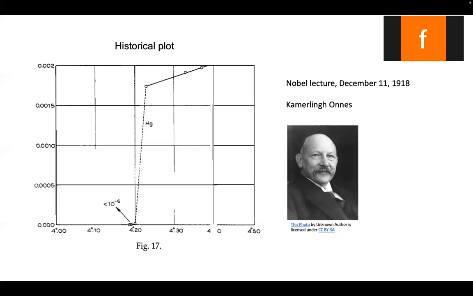Above this temperature we have a normal metal, and below it essentially we have a superconductor. The mercury becomes a superconducting substance, and the resistivity suddenly drops to 0.